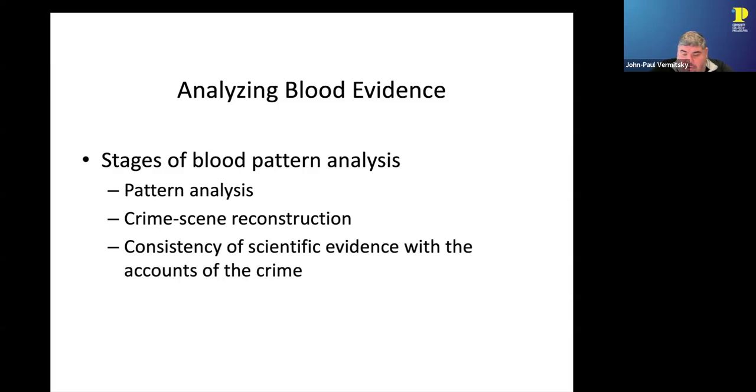Determine if the injuries that occurred are consistent with the weapons or tools that were used or suspected to be used. And can a suspect be excluded based on blood evidence found at the crime scene, meaning wrong blood type, or not human blood, or ultimately DNA evidence would be your go-to there.